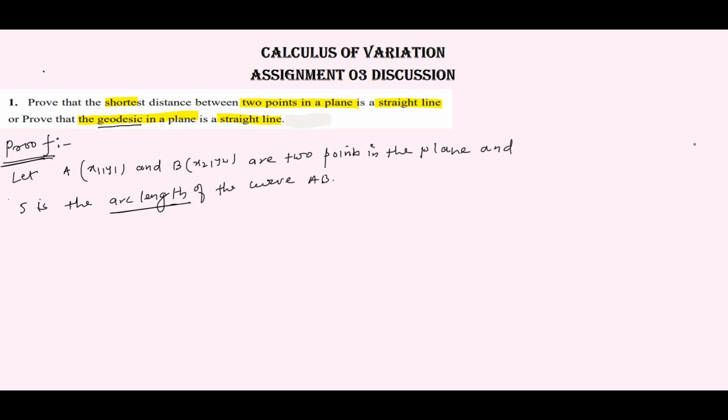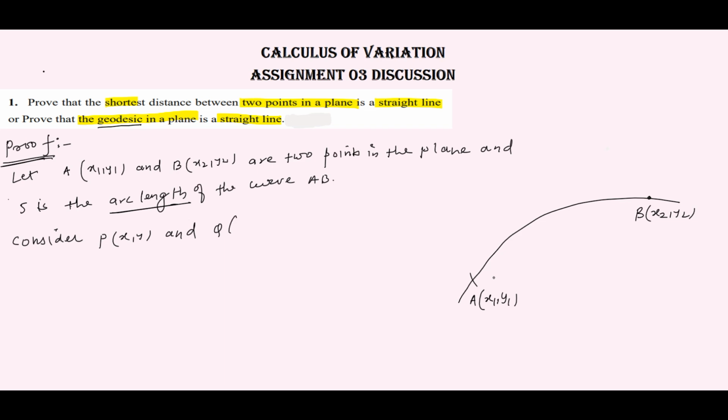So now we will draw the diagram. This is our required arc. Now we need to consider a point P and Q. Q is the neighboring point of P. It will be x plus dx, a small increment in x, and y plus dy, a small increment in y.